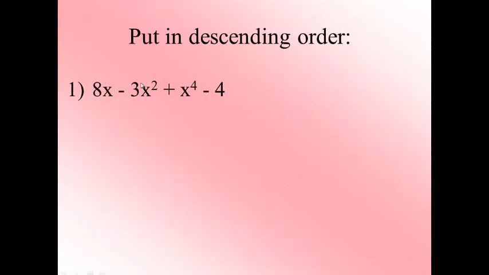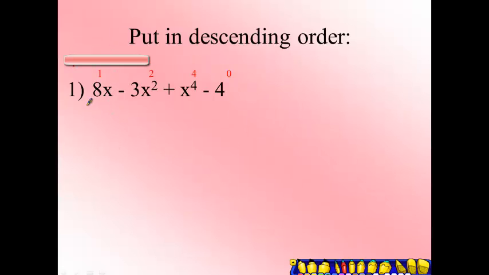So let's try to put this in descending order. First, we have to identify the degree of each term. So the degree of this is 1, the degree of the second term is 2, the degree of the third term is 4, and the degree of the fourth term, which is a constant, is 0. So descending means going down. So we are going to start with the highest exponent, which is x^4, followed by degree 2.